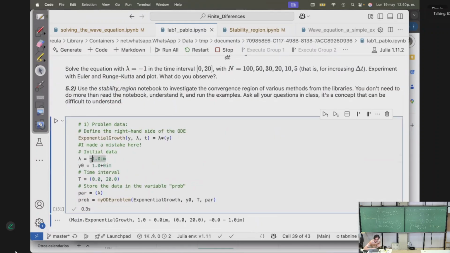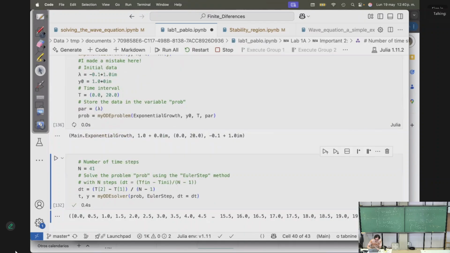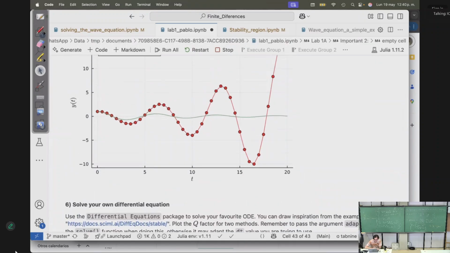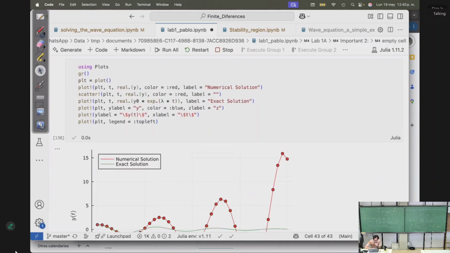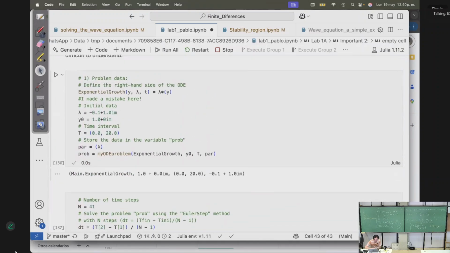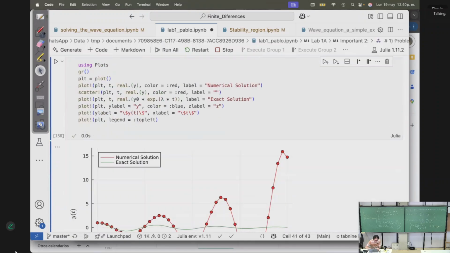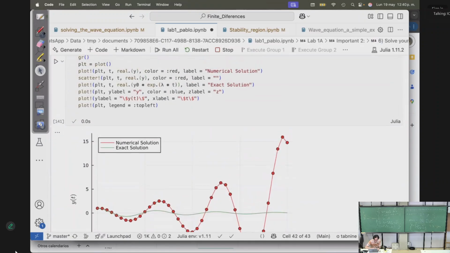Now, if I take here, for example, 0.1 minus the imaginary part, something like this, let's try to solve this problem here, and we do so. Okay, there is a bit of decay here, but it's very, very small.